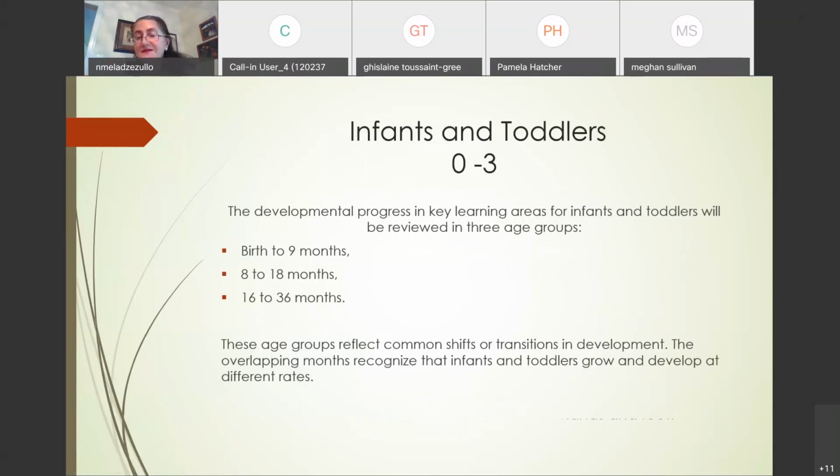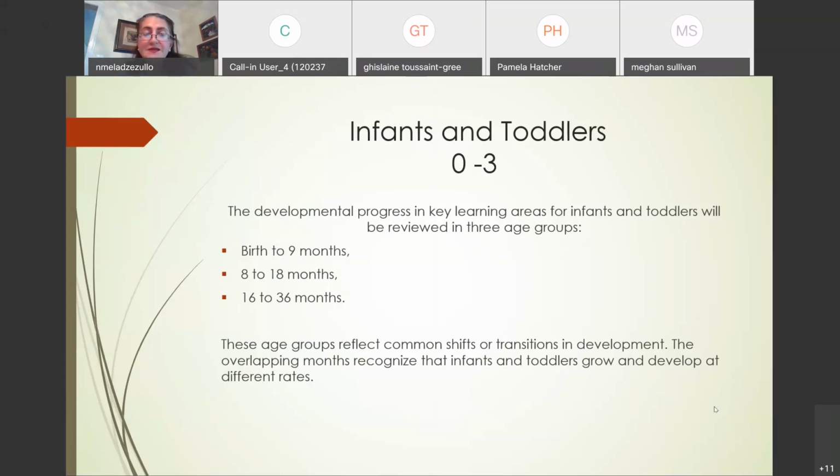I decided to divide infants and toddlers into 3 age groups. Like it says here, these age groups reflect common shifts and transitions in development. So as you see, birth to 9 months is one group, and 8 to 18 months is the second group. As you see, it's overlapping.